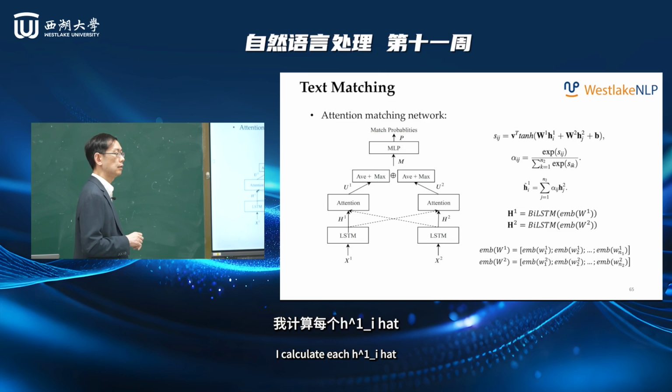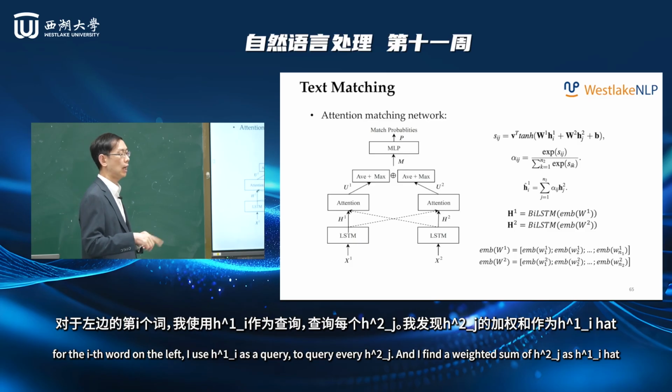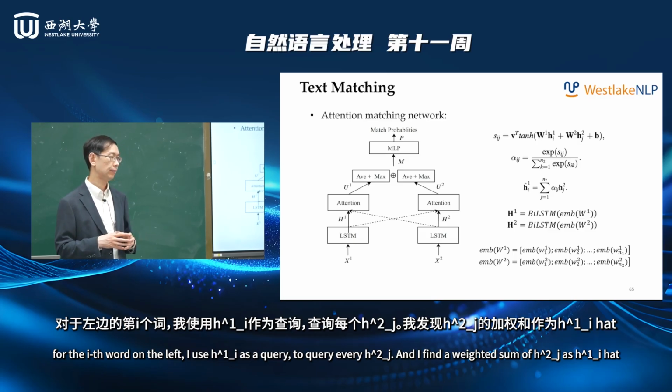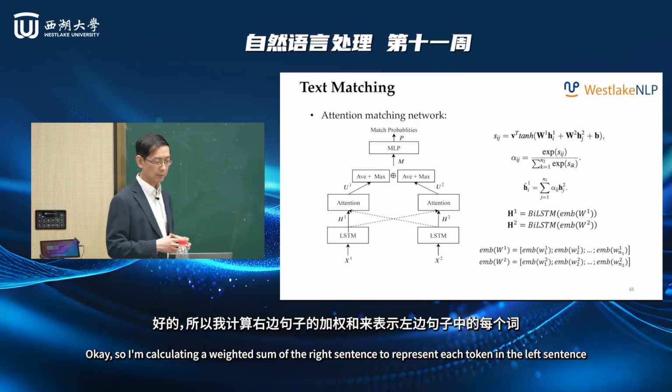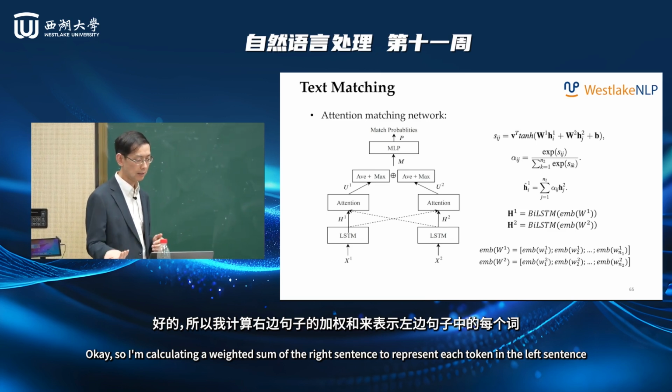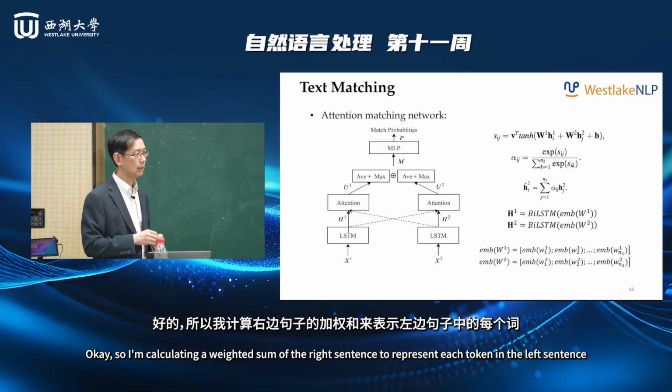I calculate each H1 hat i, or H1 hat for the ith word on the left. I use H1i as the query to query every H2j, and I find a weighted sum of H2j as H1 hat. Okay? So I'm calculating a weighted sum of the right sentence to represent each token in the left sentence.